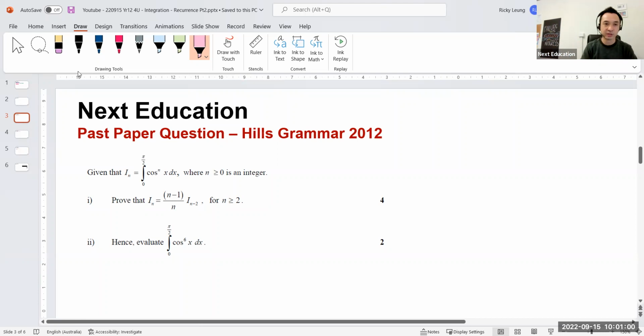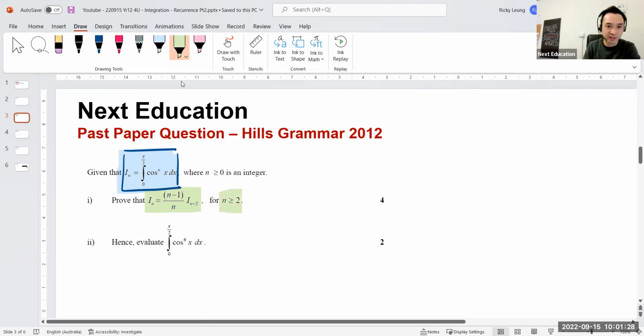Let's start with cos. What's really important to identify here is this integral, which I'll box in a blue box. That's my integral, and the green is my integration recurrence statement. For the first part, I need to prove a recurrence statement, for n greater than 2.